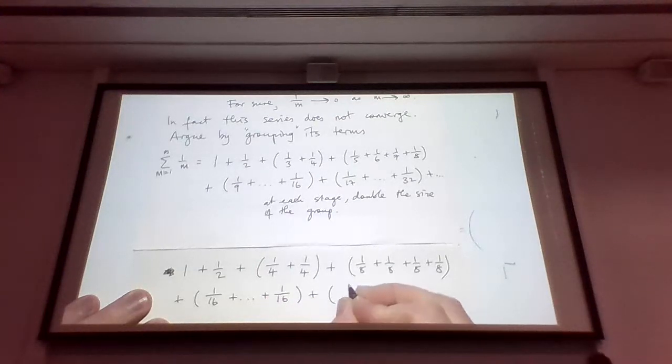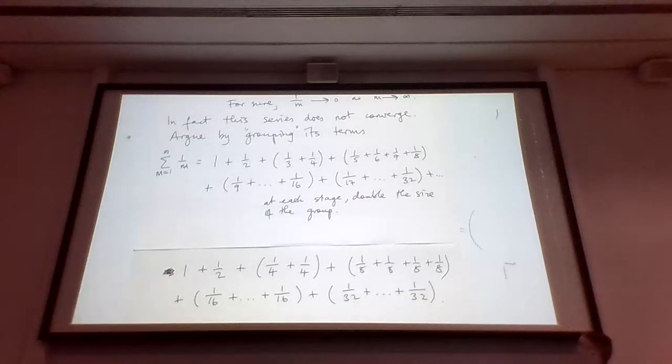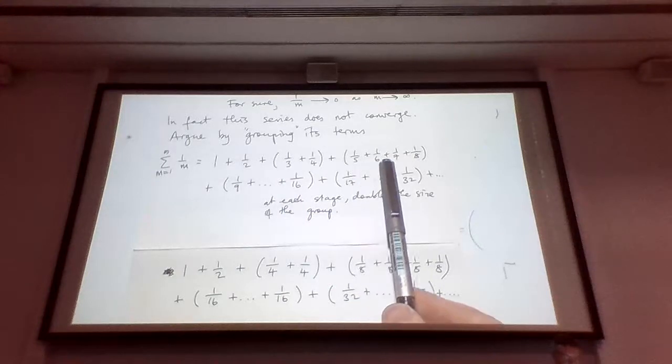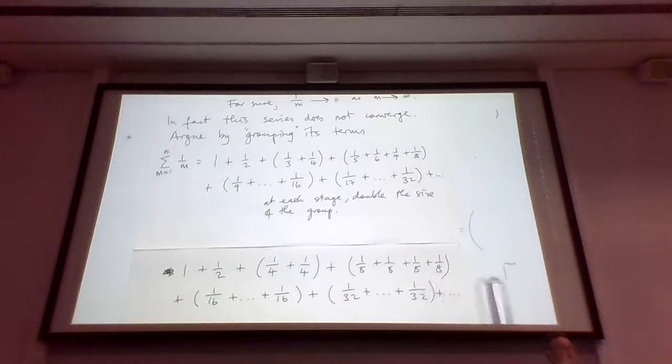And in the next group, replace them all by 1 over 32. So what we're doing is, in each group, we're replacing each term by the last term from that group. So instead of a third and a quarter, I've got a quarter and a quarter. Instead of a fifth, sixth, seventh, and eighth, I've got an eighth, eighth, eighth, eighth. So replace each element by the last member of the group.